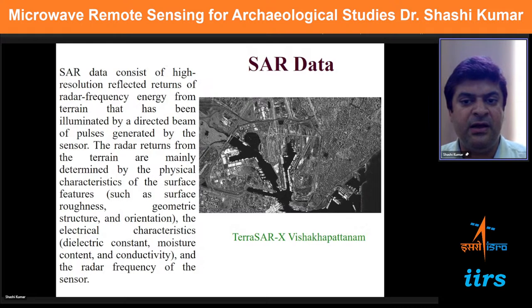As we have discussed, the electromagnetic waves used in SAR remote sensing depend on structural properties, including surface roughness, geometric structure and orientation, and on electrical properties, including the dielectric constant, moisture content, and conductivity of the targeted object or surface. Here you can see the high resolution synthetic aperture radar data set for the Visakhapatnam area, where all the objects appear bright or dark according to their structural as well as electrical properties.